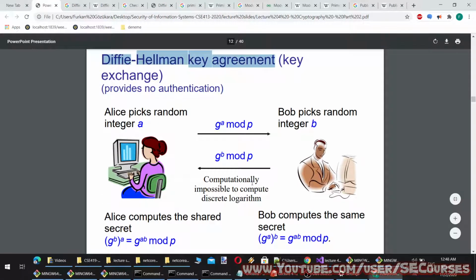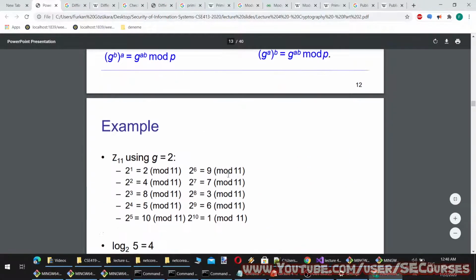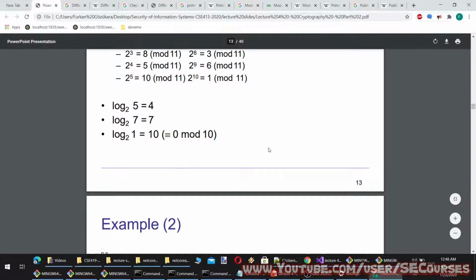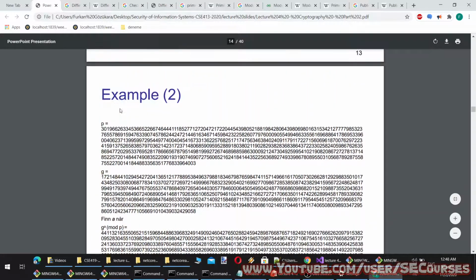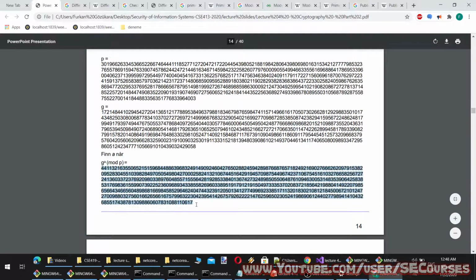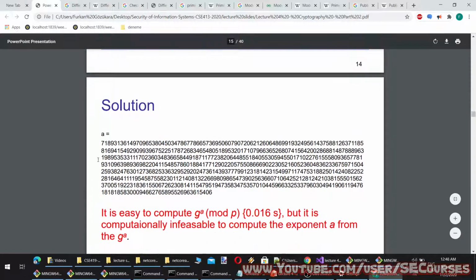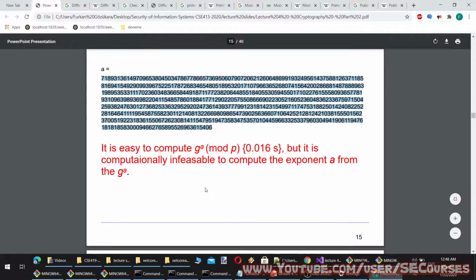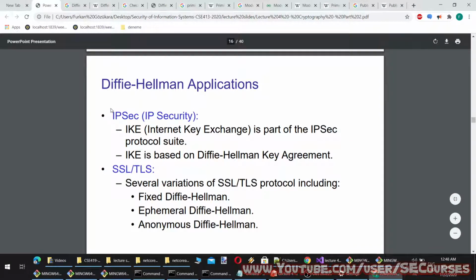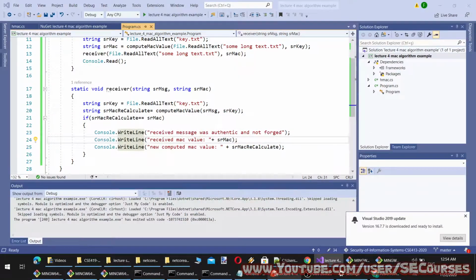So we have basically understood how this is done. You see such example P and number G, and then you calculate this G to the power A mod P, and the solution is this. So I'm going to make a pause for a moment.